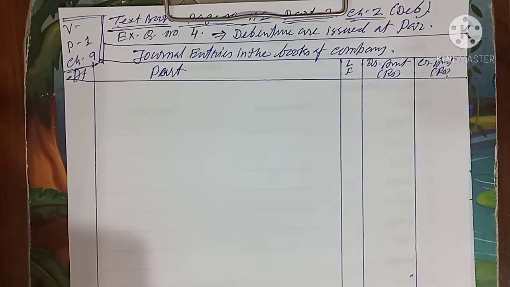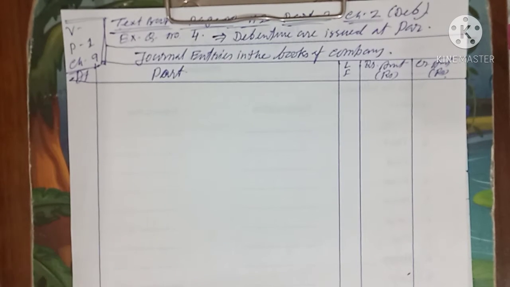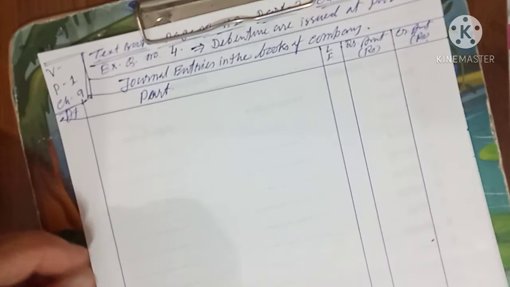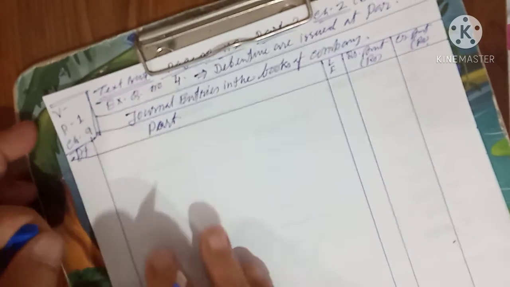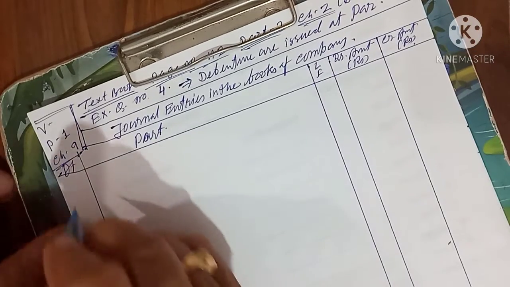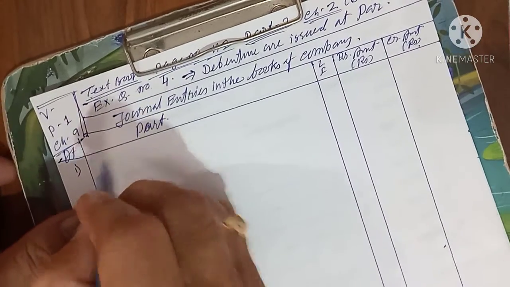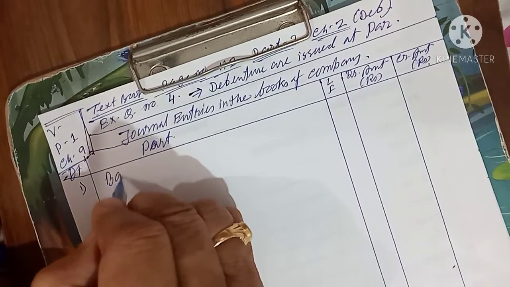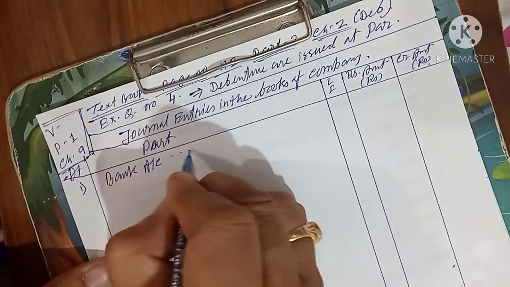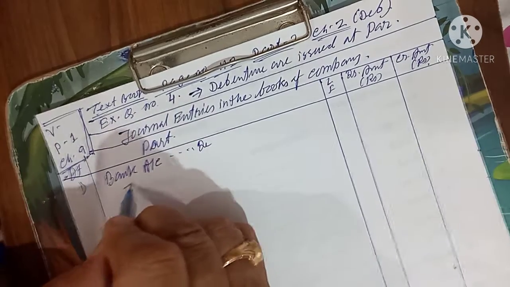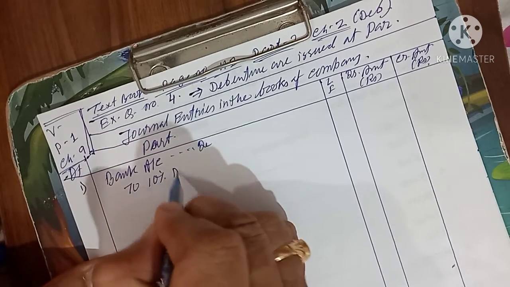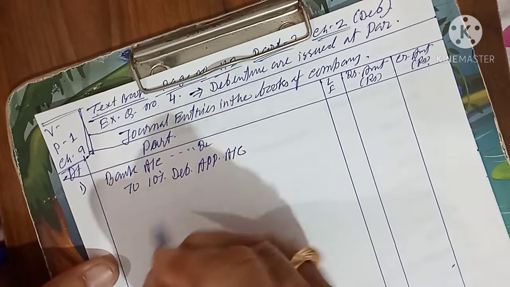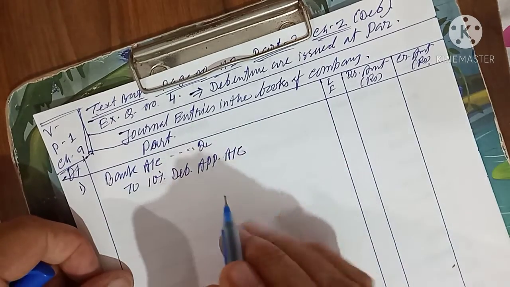I will write in short form quickly so that you can understand and I can do the maximum sum. First journal: bank account debit to 10% debenture applications account. Actually it is application money account, but I am writing applications account.